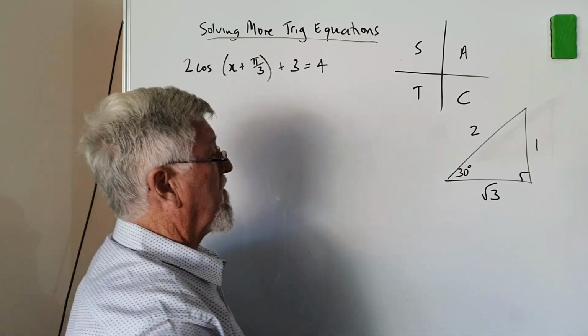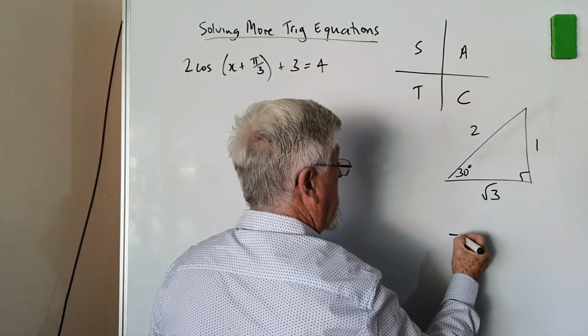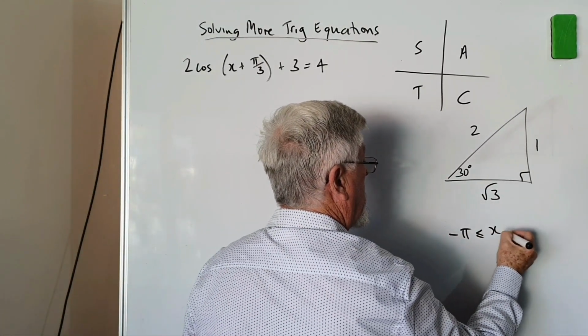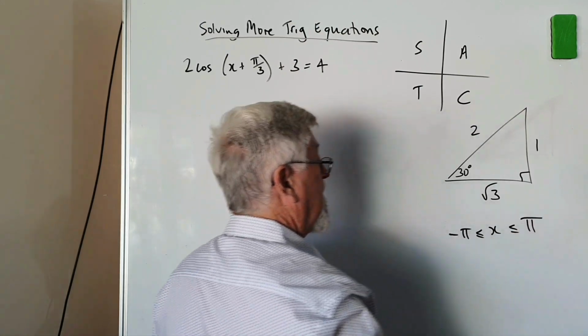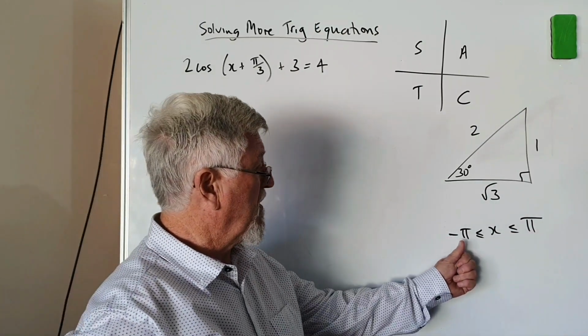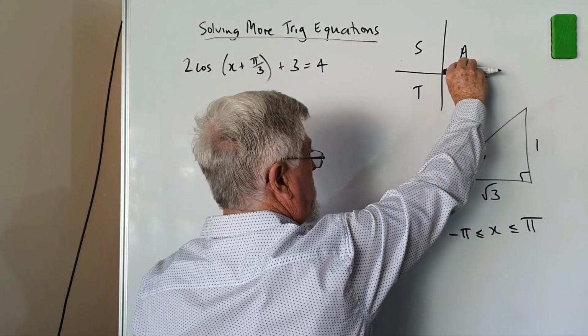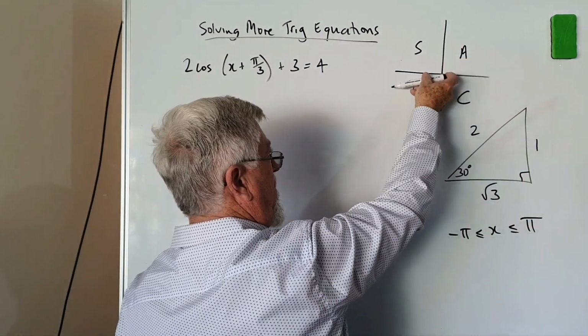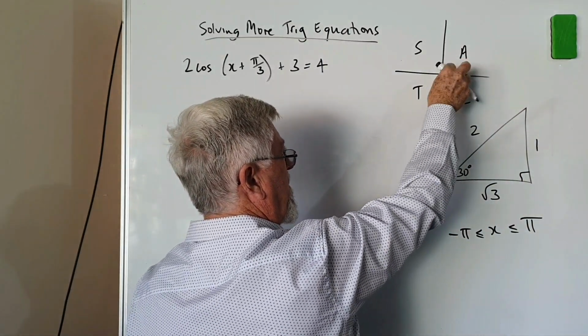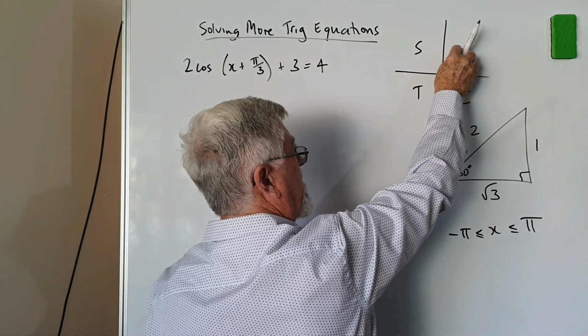Now, I can also make it trickier if I say I want the answers between minus pi and pi. So there's 0, and we're going back to minus pi, looking at answers there and back over here.